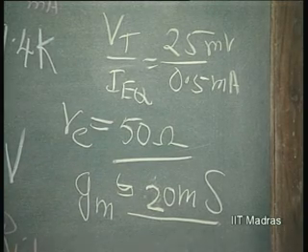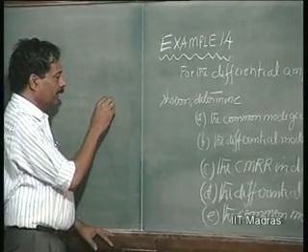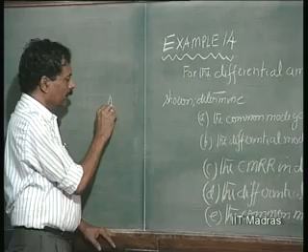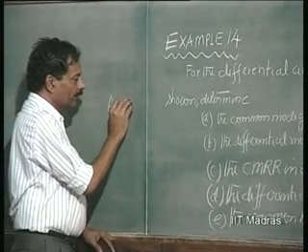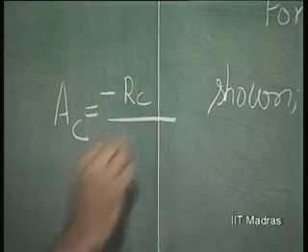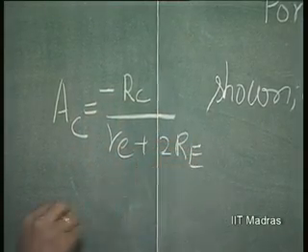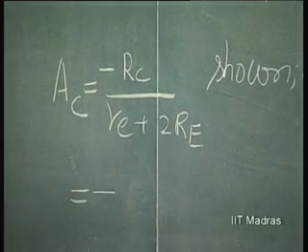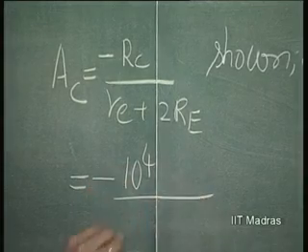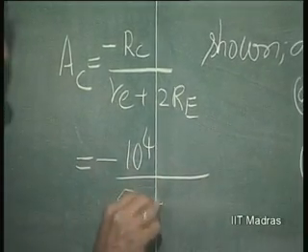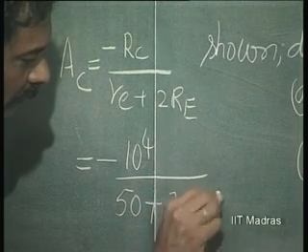So, let us first find out the common mode gain. What is the common mode gain? We have seen that common mode gain AC equals minus RC divided by RE plus 2 RE. In this case, it is 10 K divided by RE plus 2 times RE, 2 into 9400 ohms.